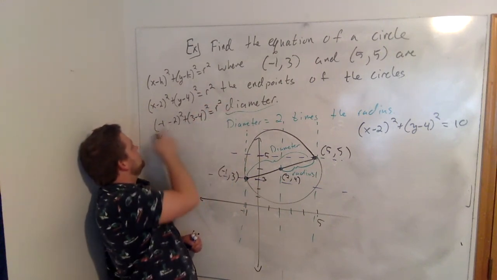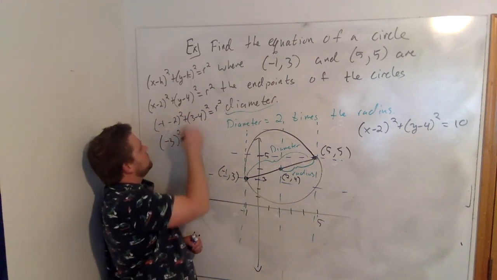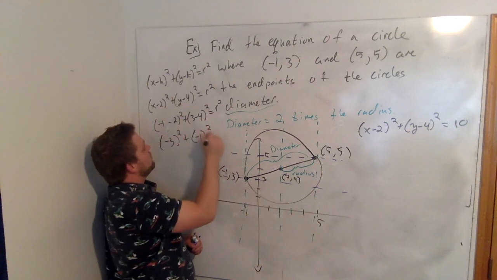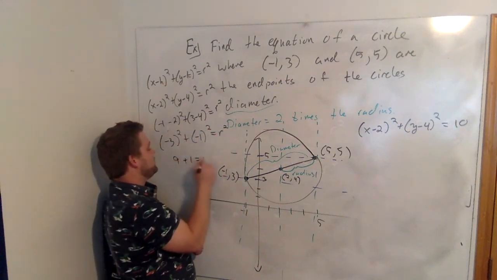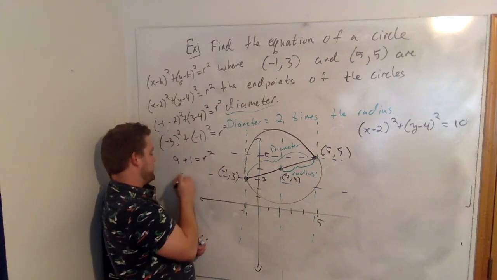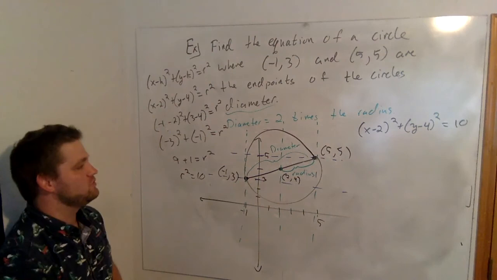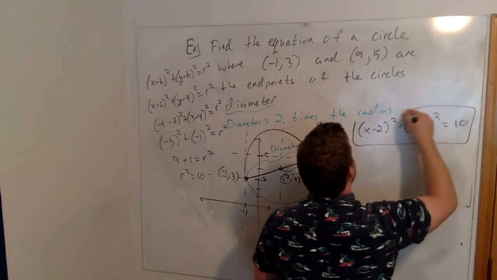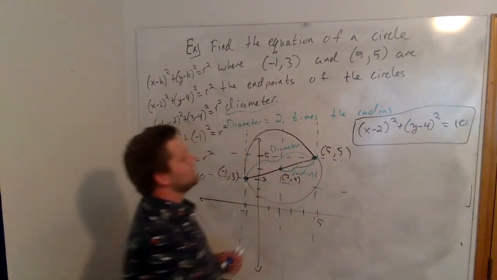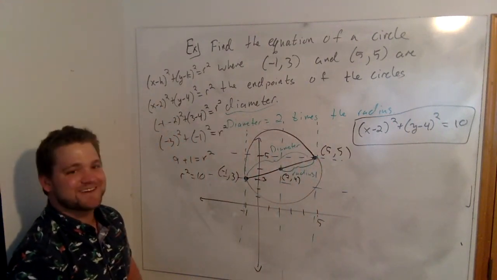What's this going to be? -1 minus 2 is -3 squared, plus -1 squared will be equal to r squared. So we get 9 plus 1 equals r squared, or again, our radius squared is equal to 10. So it worked; it didn't matter which of these two points you picked. Either way, the equation for this circle is (x minus 2) squared plus (y minus 4) squared equals 10.